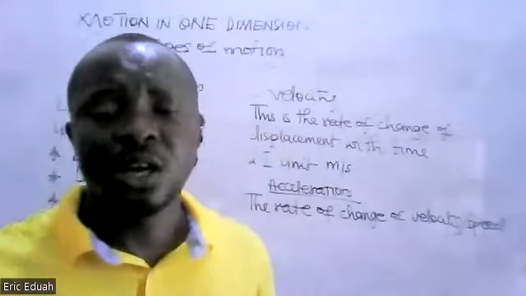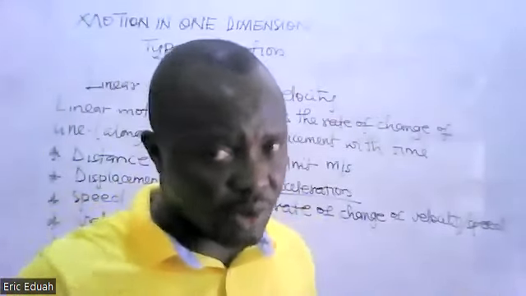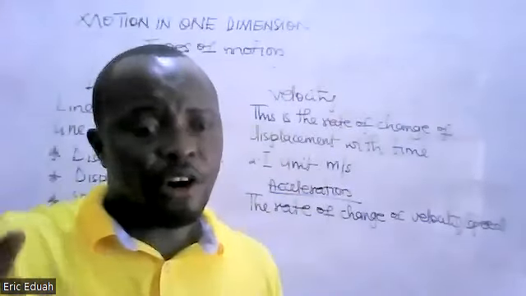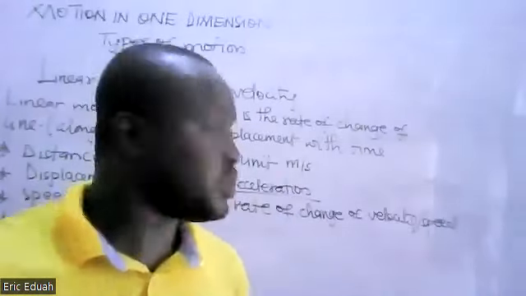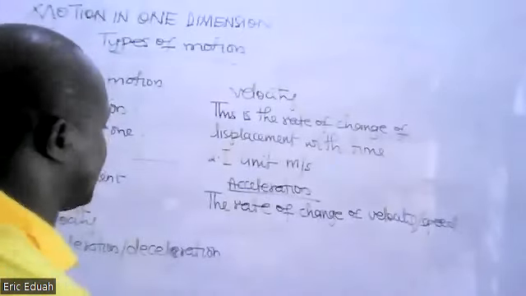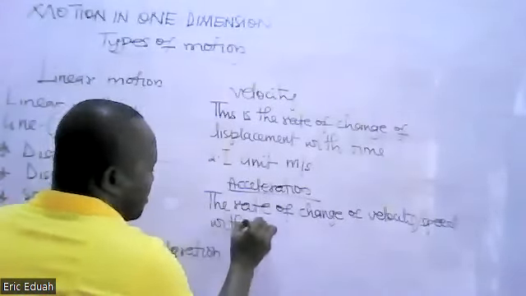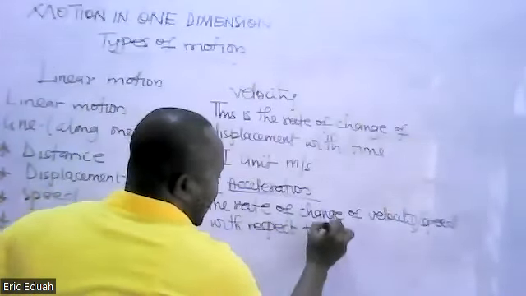So in most cases, we use them interchangeably. Meaning, here we overlook the direction and consider the magnitude. So, the rate of change of velocity or speed with respect to time.